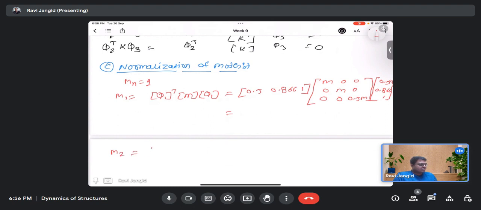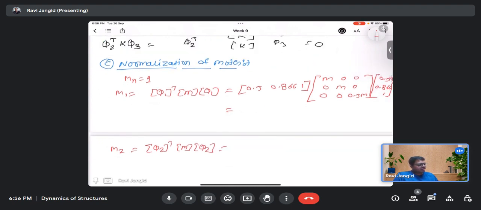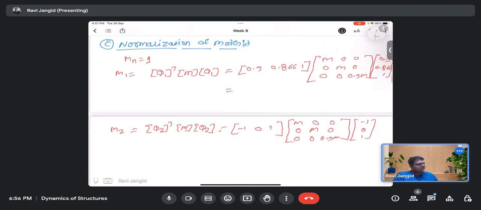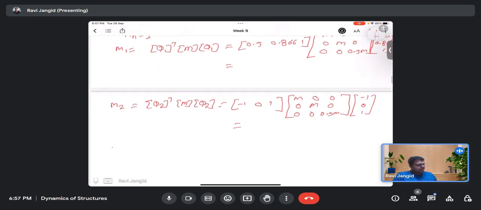Same kind of thing for M2, that would be phi 2 transpose M phi 2. So get me the M2 value. Our vector is minus 1, 0, 1, then you have the mass matrix m 0 0, 0 m 0, 0 0 0.5m, and then minus 1, 0, 1. So calculate M2 also. Then M3 is phi 3 transpose M times phi 3.